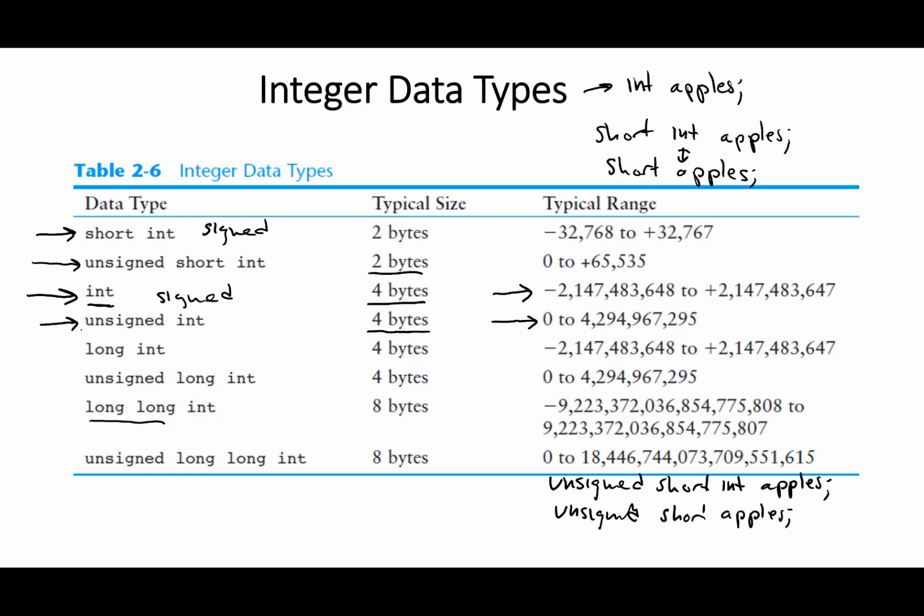On the unsigned int, we can just write unsigned. On the long int, we can just write long. So let's say long int apples, we could just say long apples. So either one of these are valid ways to declare these variables.